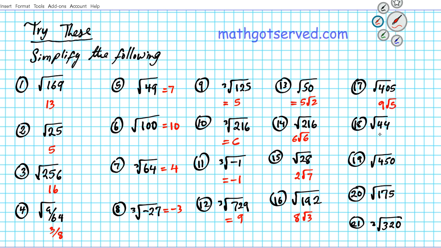Number 18 is 2 root 11. Number 19 is 15 root 2. Number 20 is 5 root 7. And number 21, the cube root of 320, is 4 cube root of 5.